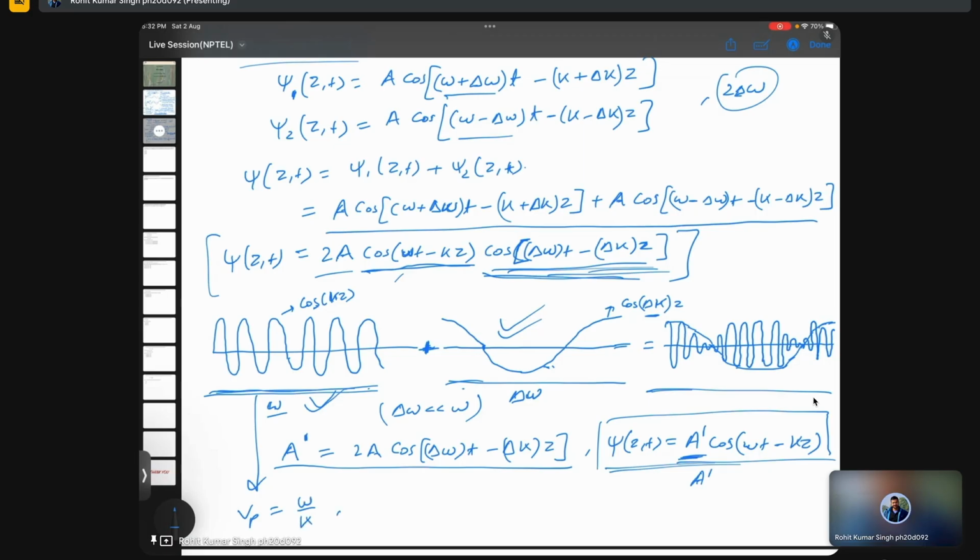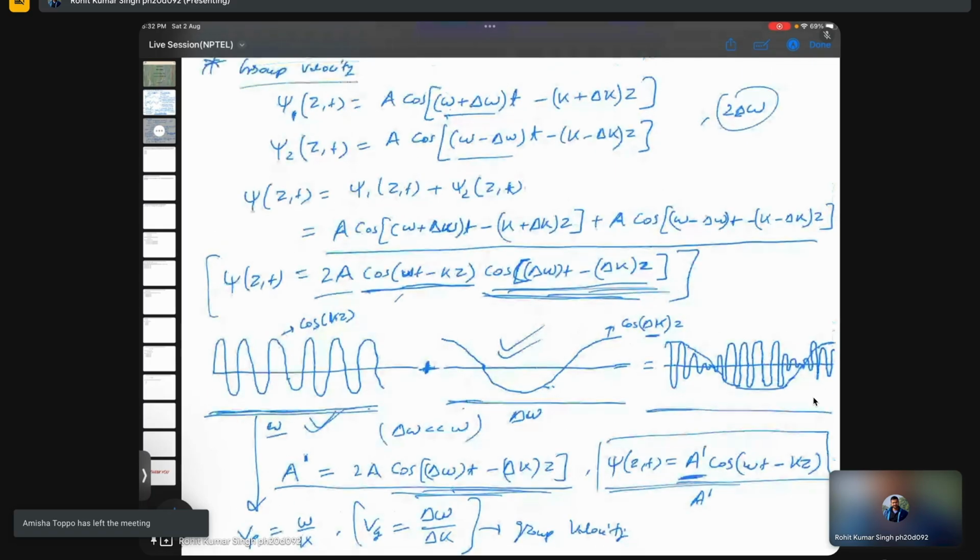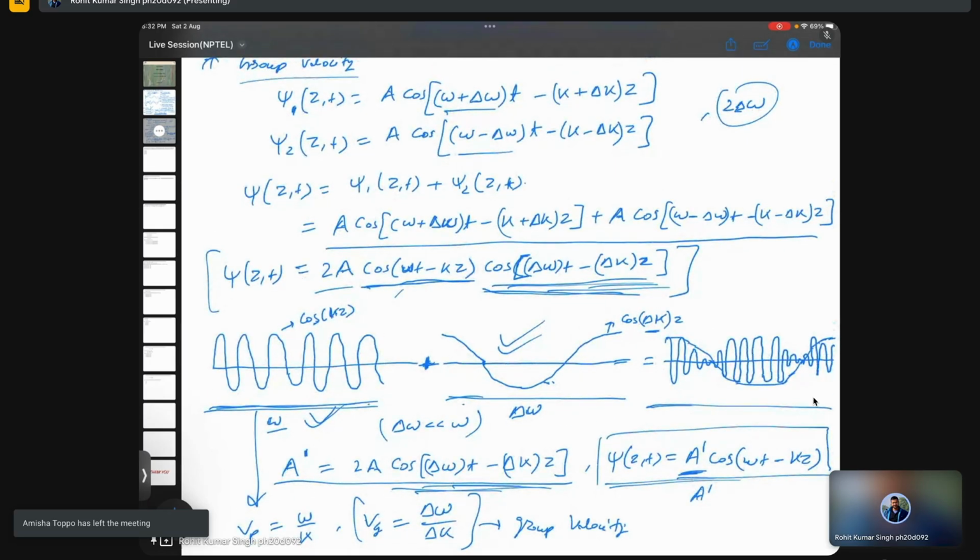But this whole packet, this whole envelope, is moving with a different velocity, which is called group velocity, and which is given by delta omega by delta k from this equation. Okay, and this is called group velocity. Is everyone following?